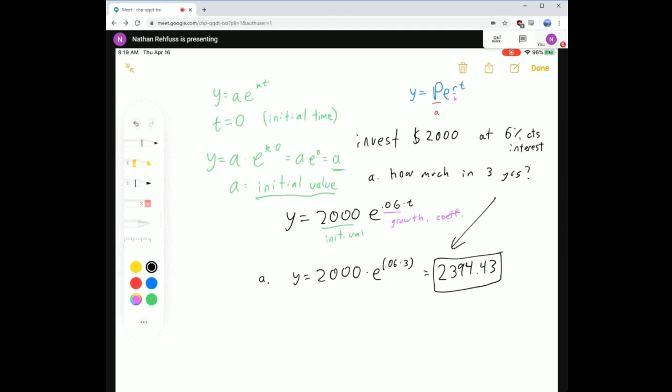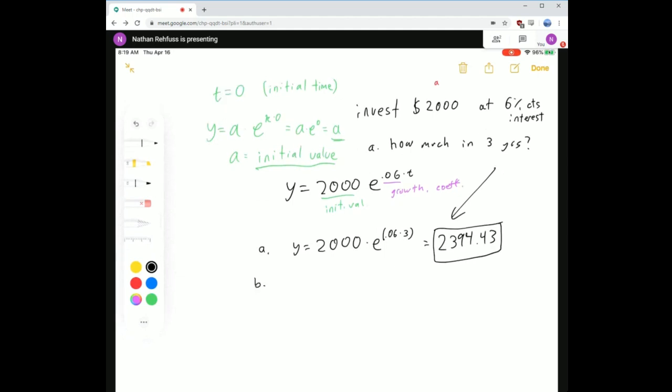Here's a fun problem. I could ask part B, when will our investment have doubled? That is, when will y equal 4,000?